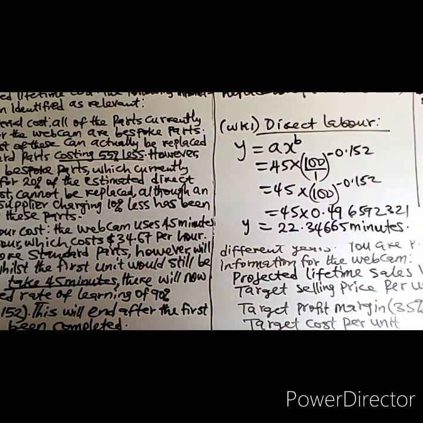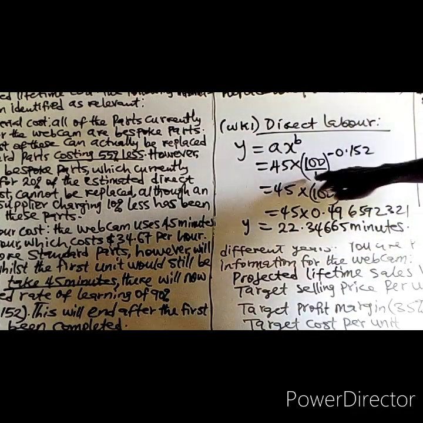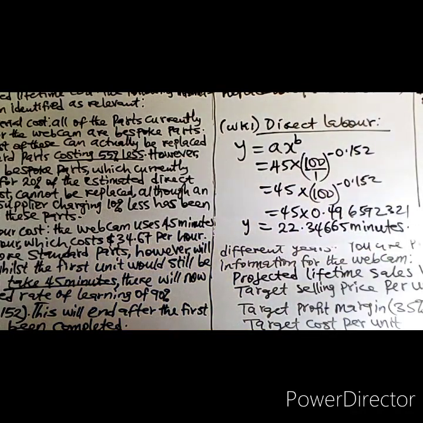Now the next step is to calculate the cumulative time of producing the 100 units.